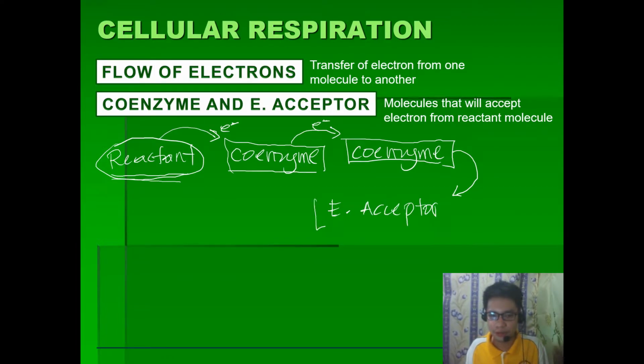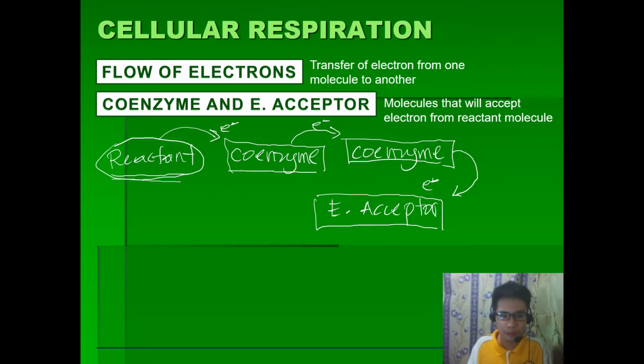In the process of passing the electrons from the reactant to coenzyme to electron acceptor, energy is released. The released energy here, class, is one of the most important products of cellular respiration, because cellular respiration is a process that generates energy.